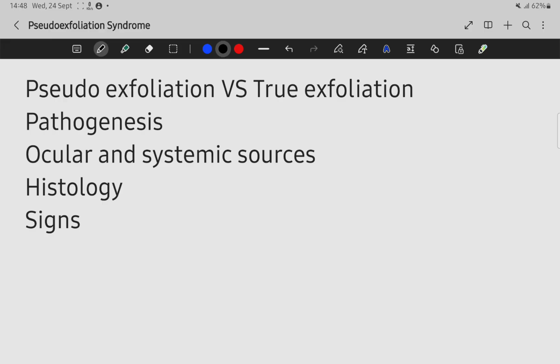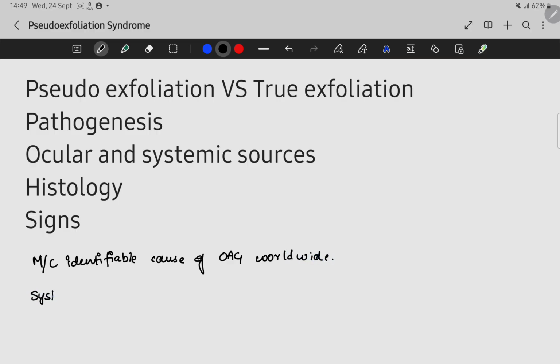So pseudoexfoliation syndrome is the most common identifiable cause of open angle glaucoma worldwide.